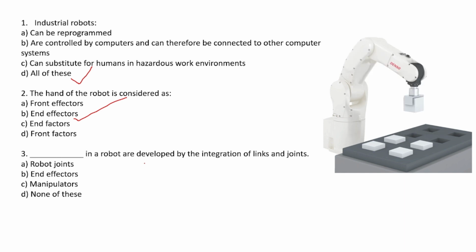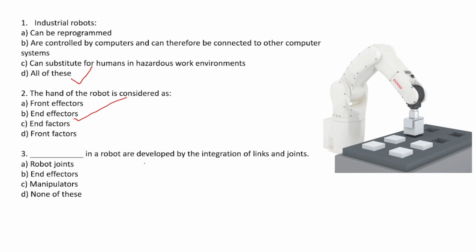the fill in the blank is given as: in a robot, developed by the integration of links and joints. Okay, then if we talk about this question, we need to have an understanding of manipulators as well.